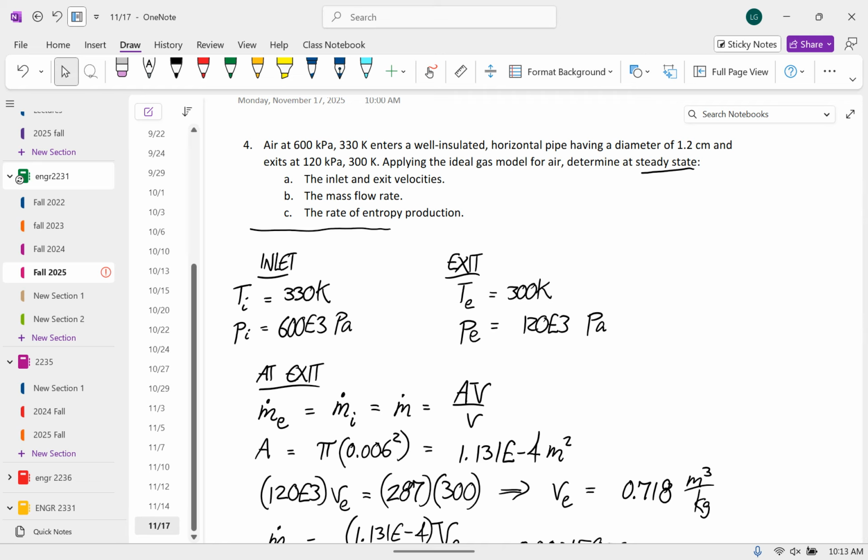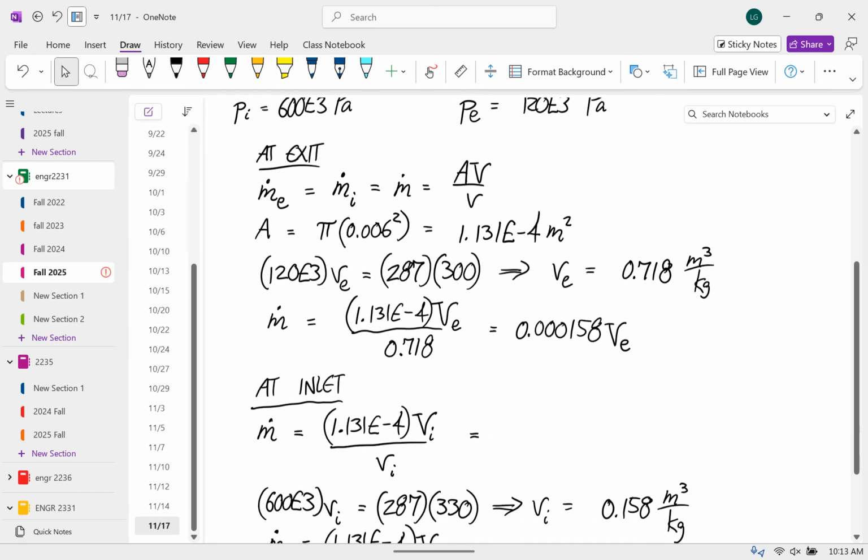Well, it's well insulated, so we know that there's no heat transfer. So we can use that in the control volume second law and in the control volume first law. Let's just set those up and see if anything comes out of it.